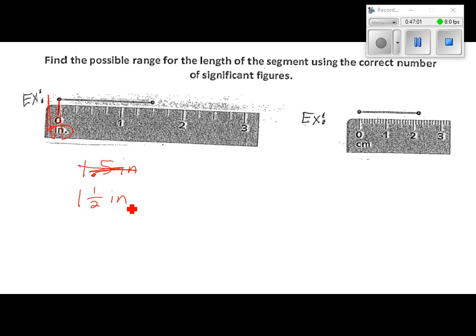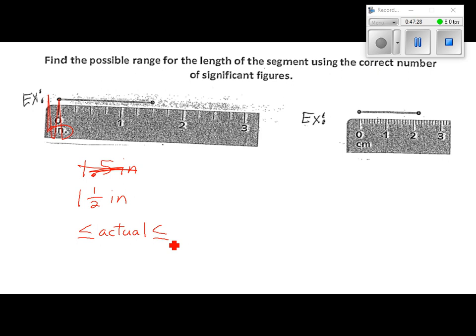Now, we want the range of the actual measurement. How long it actually is. Is it 1.5? Is that exactly right? There is no such thing as being exact, right? So we want what it could be, the highest it could be, the lowest it could be.